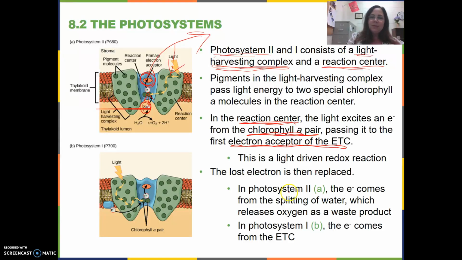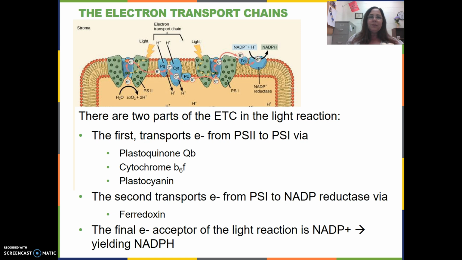In photosystem 2, the electron comes from the splitting of water, and oxygen is released as a waste product. In photosystem 1, the electron comes from the electron transport chain, which got its electron from photosystem 2. I'll read this part.